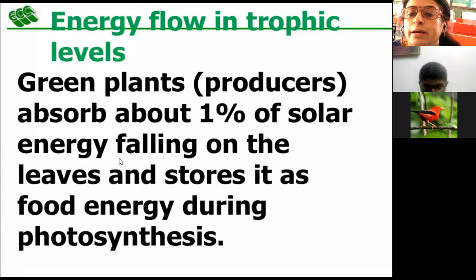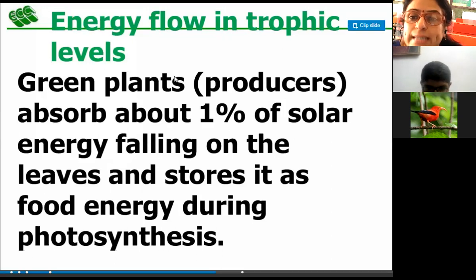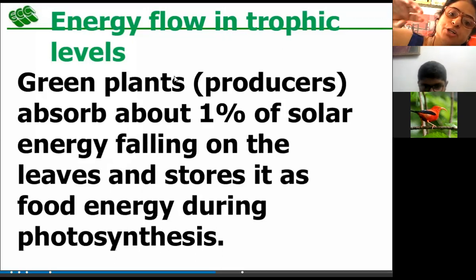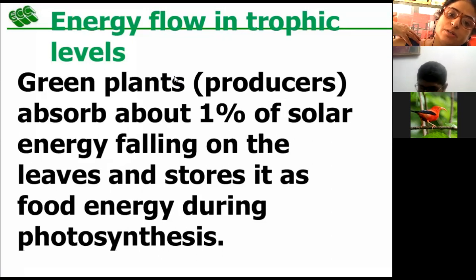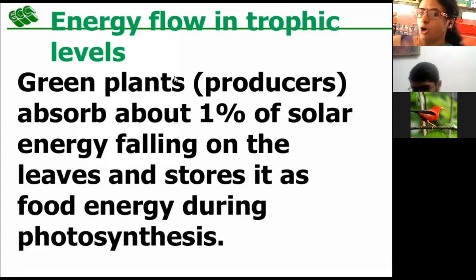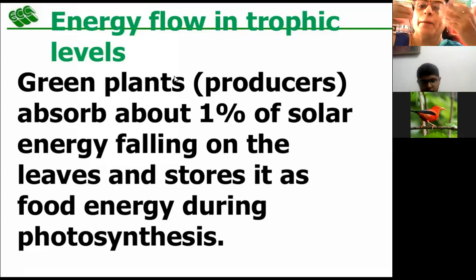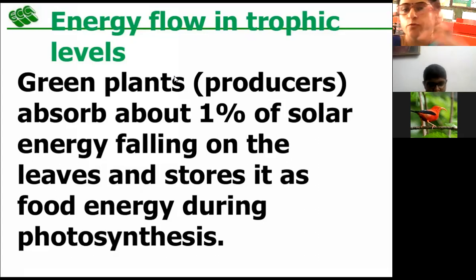You can write your answer there, so that I can be assured that you have understood the 10% law. 90% of the energy is used in order to carry out life processes. The 90% of energy which is not transferred from one level to another is used by the organism itself to maintain life processes, and a lot of energy is used for walking, for locomotion from one place to another, right?